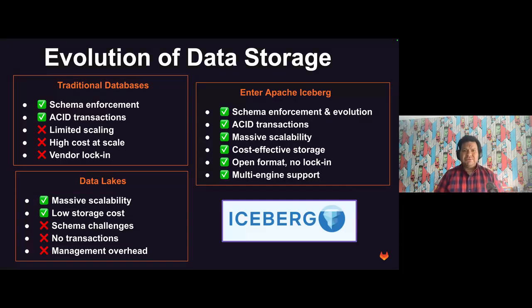Cost effective storage. So you use your cloud provider storage, you don't use your vendor provider. You can use object storage like S3, GCS, Microsoft Azure, or you use your own file system. It's an open format, so no lock-in. The files are stored in a columnar format, so it can be consumed and you can re-extract it back. Multi-engine support, so it works with different engines like Trino, Presto, even with a different catalog for Snowflake.